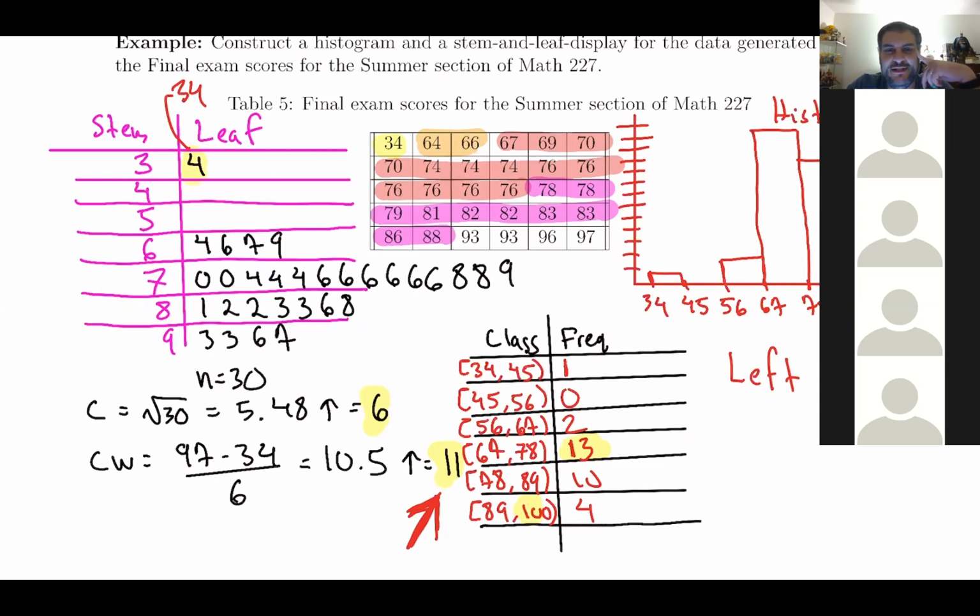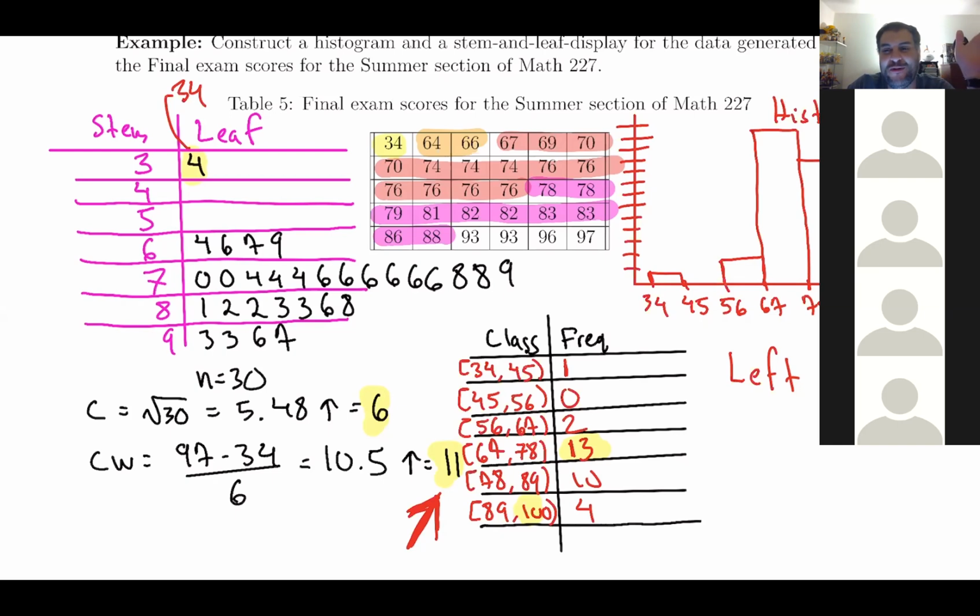Any question? Yeah, and I did see the question about whether we're going to have to do all of this on the quiz. If I ask you to do a histogram, this is the way I want you to do it. But for the quiz, each question will ask you something different.